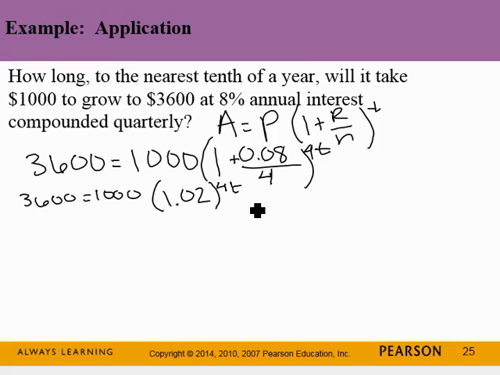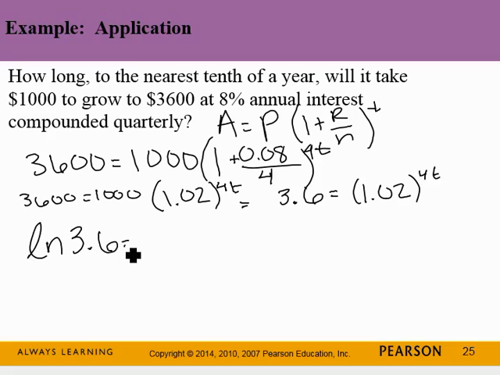Divide both sides by your 1,000. Now we're stuck in a situation where we need to use our logs or natural logs. Since I have an exponent here, it goes out front.